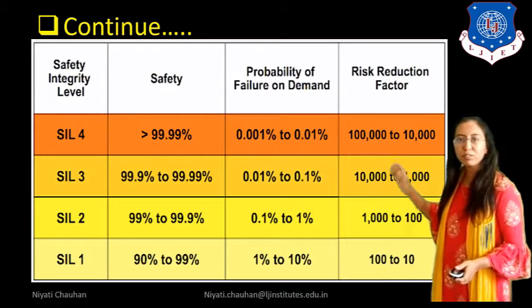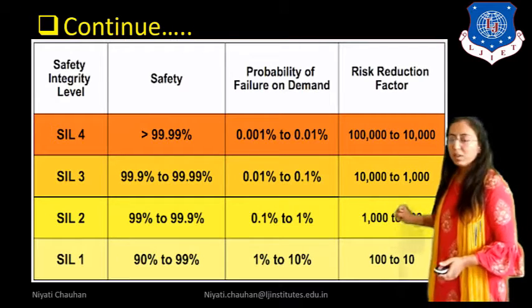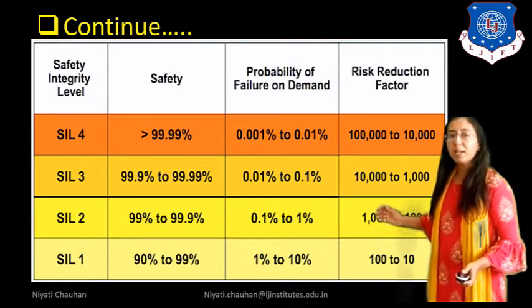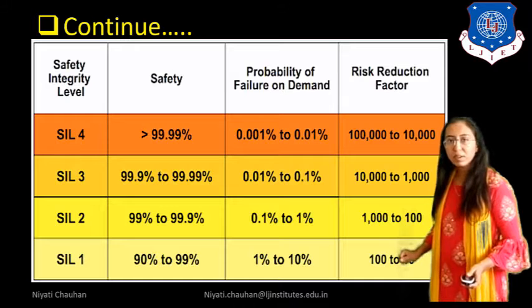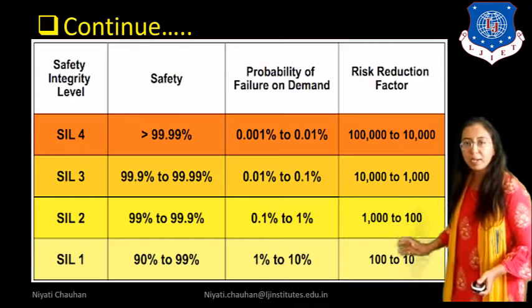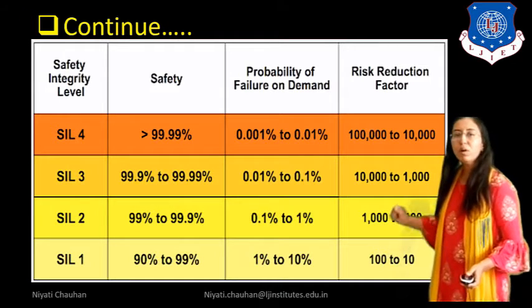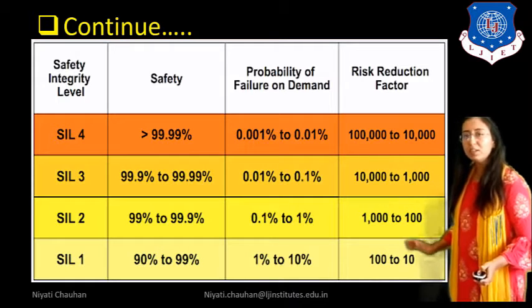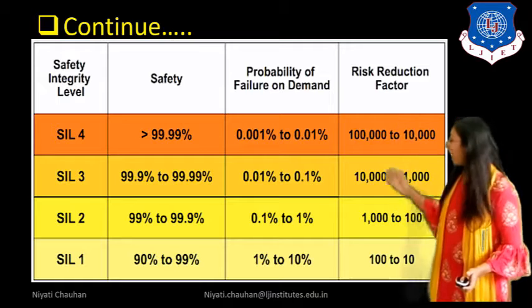For SIL 1, safety is 90 to 99% and probability of failure is 1% to 10%, and risk reduction factor 100 to 10 in the last column.